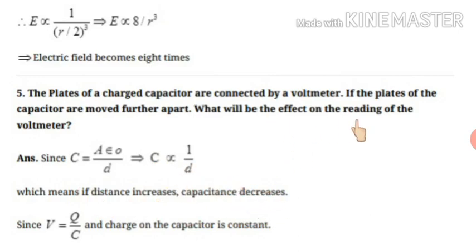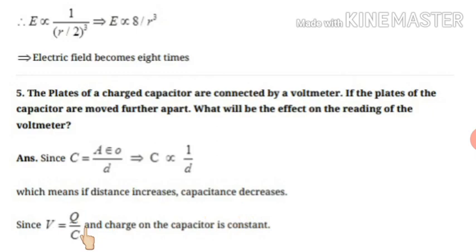Now we have to talk about V, because a voltmeter gives us the reading of potential. We know V is equal to Q by C. Q is constant for a capacitor, so V is inversely proportional to C. If capacitance decreases, the value of V will increase.